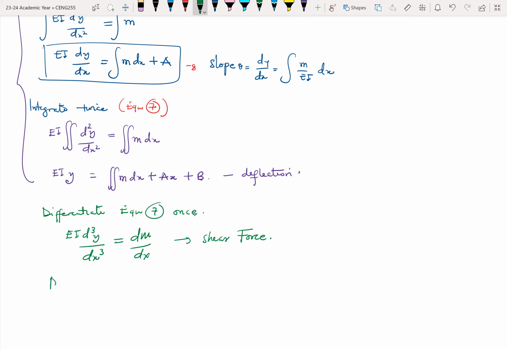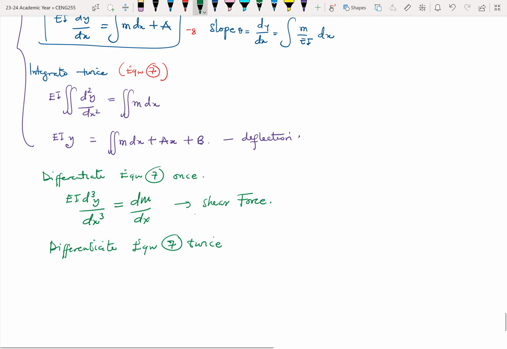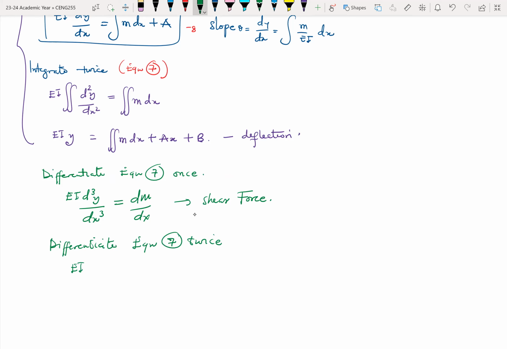Then again, if you are to differentiate equation 7 twice, then we have EI d4y over dx4, which is the d squared M over dx squared.